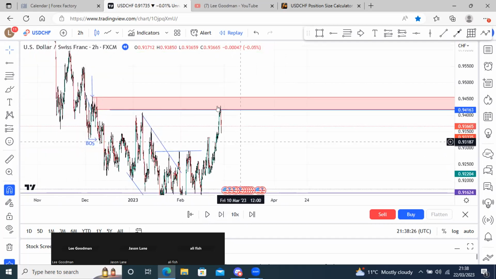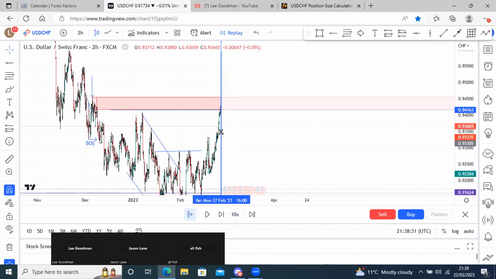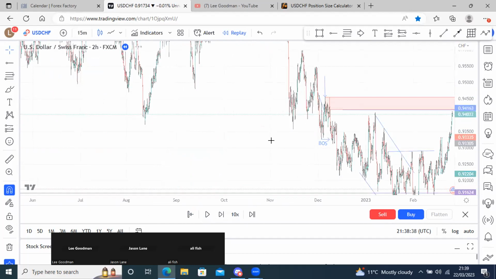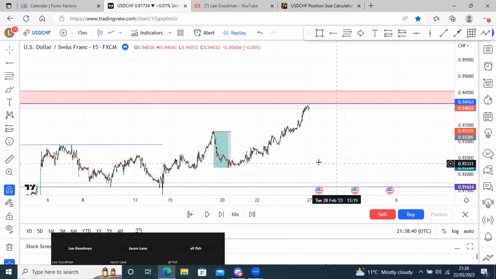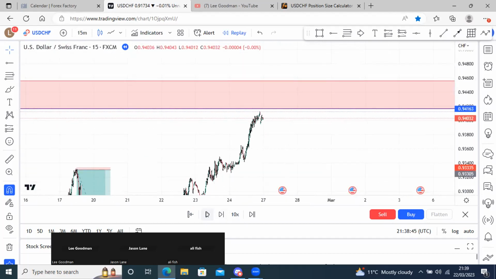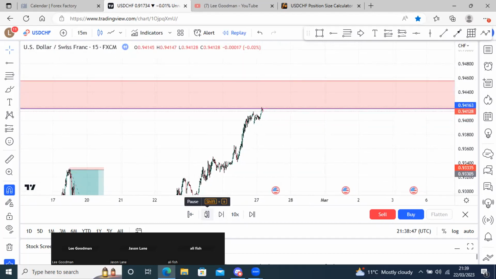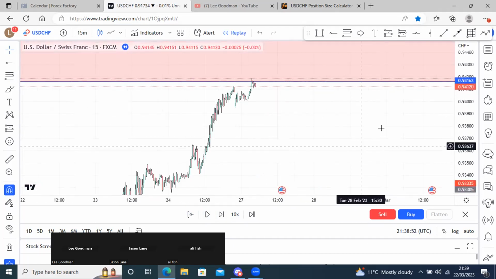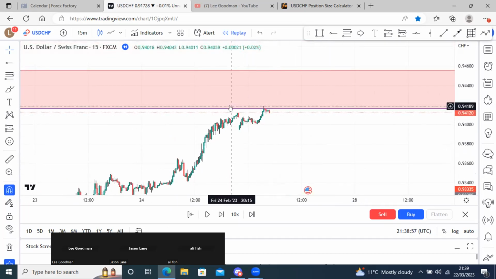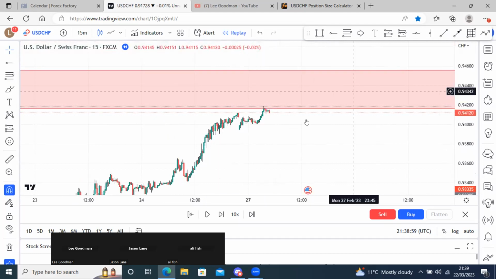Right. So obviously here my alert would have gone off. Just go back to the switch. Right, so my alert would have gone off there, guys. So I'd open my phone at this point on the 15, because as soon as it touches the box, that's the 15-minute time frame for me.